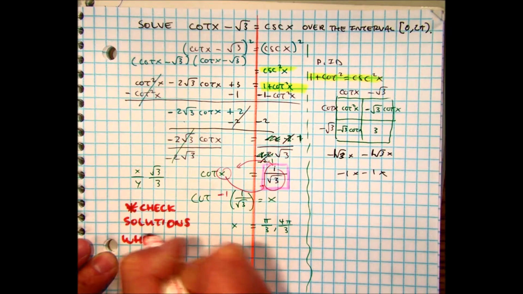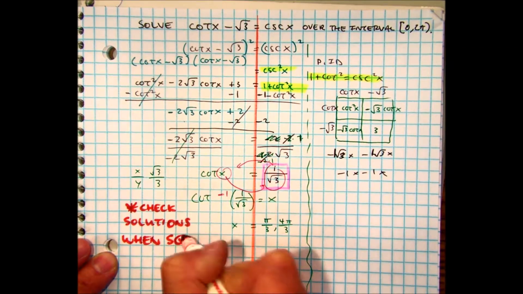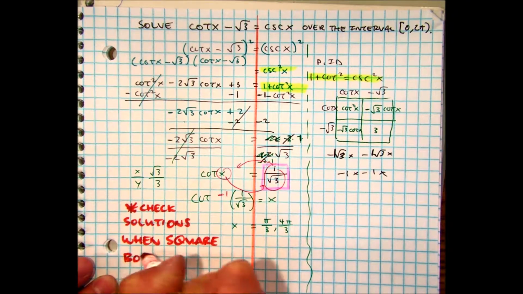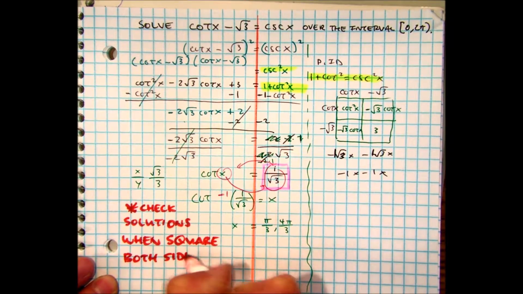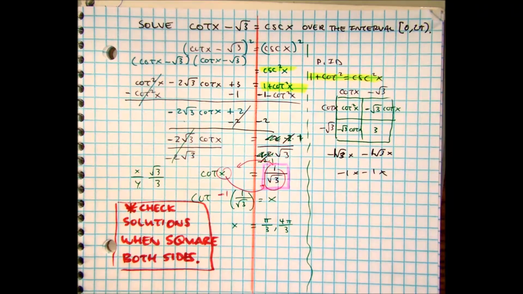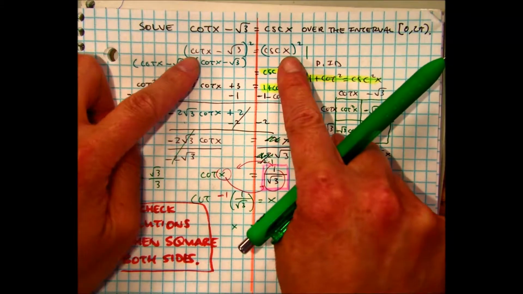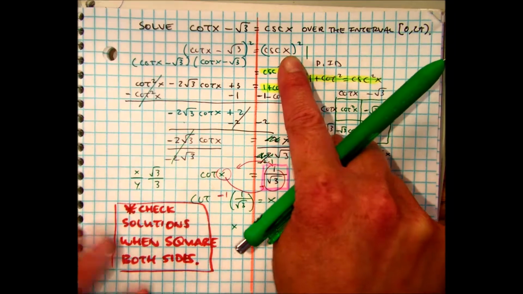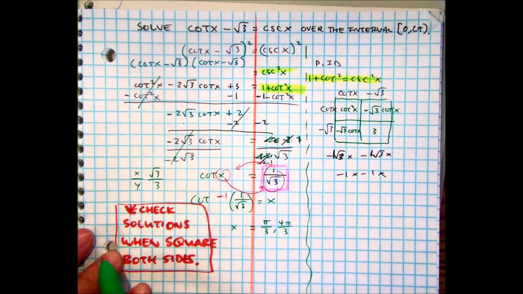When squaring, square both sides. In this problem, in the very beginning, we squared both sides, and this changes what's actually happening. So we have to actually check our solutions.